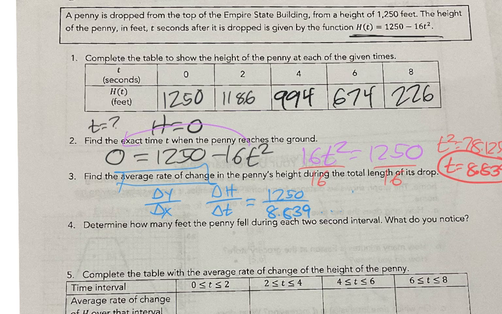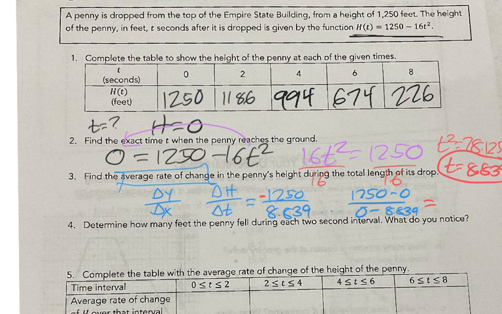You could: 1250 minus 0 over 0 minus 8.839. Oh, that's a good point, because the height changed in a negative direction. I made an error. This should be negative 1250 as the change in height, not positive. So it's a good thing I went ahead and wrote that out.